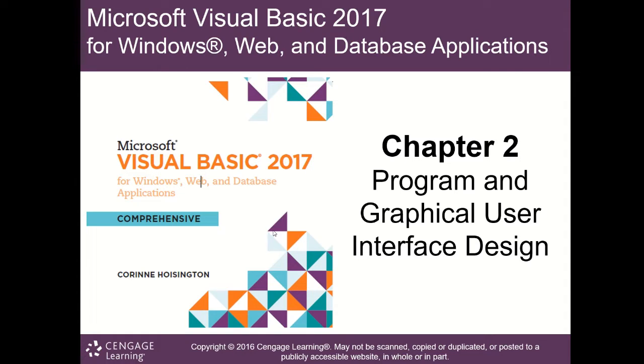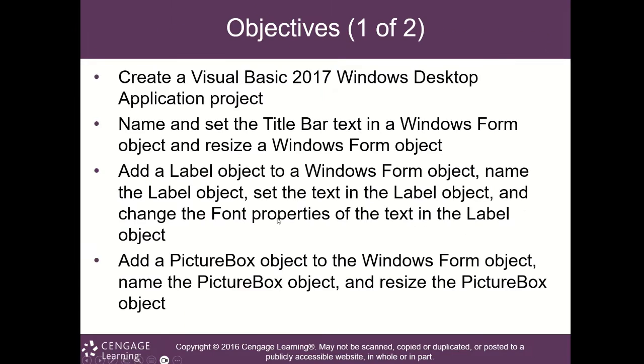In this class, our main objectives are, first of all, to create a Visual Basic 2017 Windows desktop application project. Then name and set the title bar in a window form object and resize a window form object.